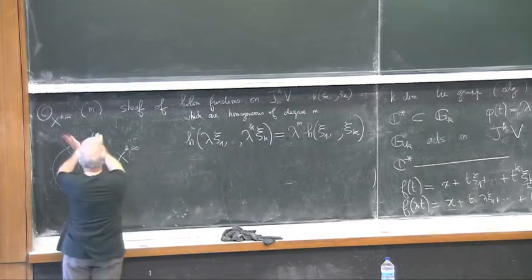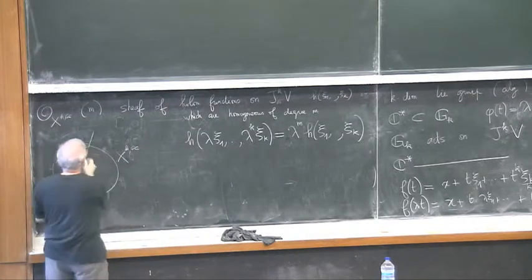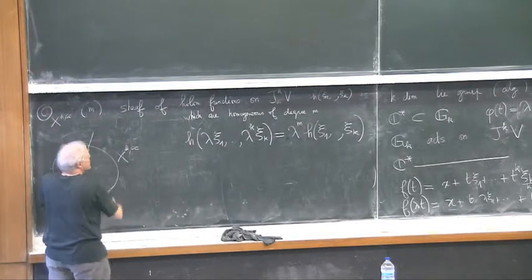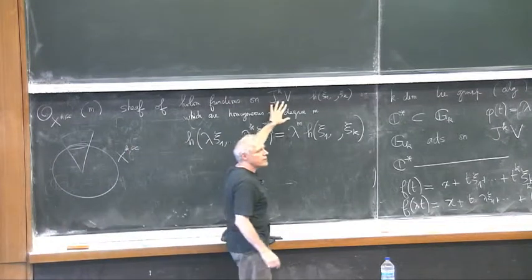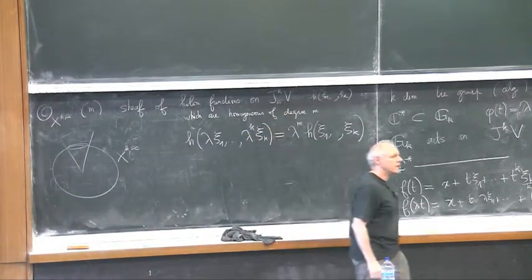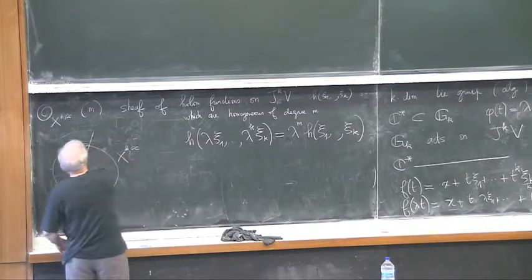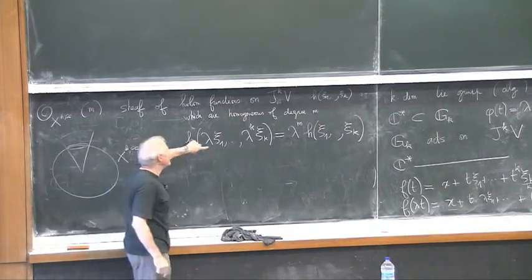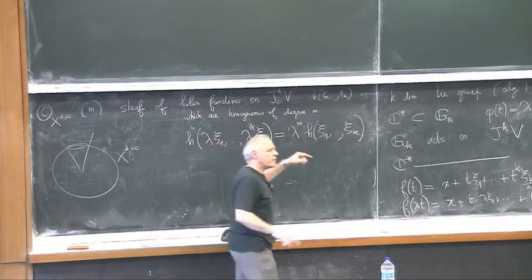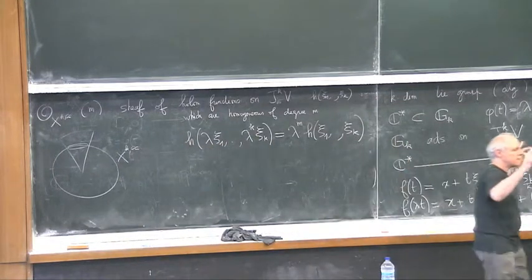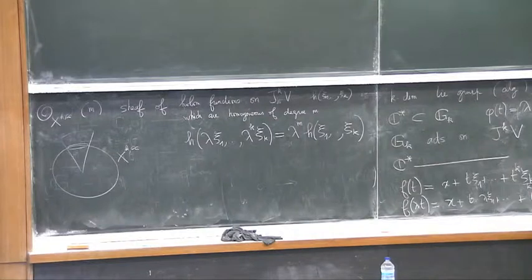This is for a conic, for an open set in projective space, which corresponds to a cone here in J_k V. And of course, if you take the cone to be everything, the only global holomorphic functions on some C^n which are homogeneous are polynomials. So if you take the global ones, you get polynomials.